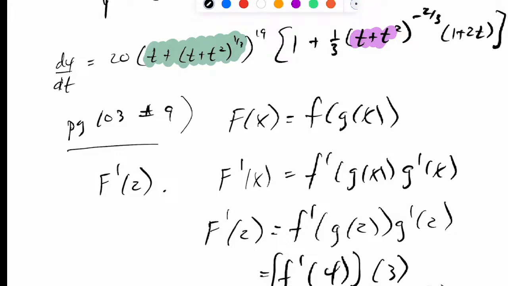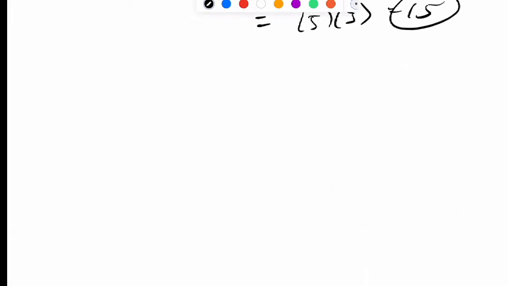How would you simplify? Sorry, Bansari, what? I had to edit it up. I couldn't see what you were typing. How would you simplify the root of x?